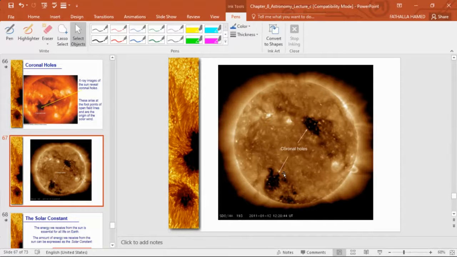And in chapter number 9, we'll talk about the age of the sun, and we'll say that the sun can live for about 10 billion years. And in chapter number 6, we said that the age of the solar system is about 4.6 billion years, roughly 5 billion years. So the sun still has 5 billion years to go.